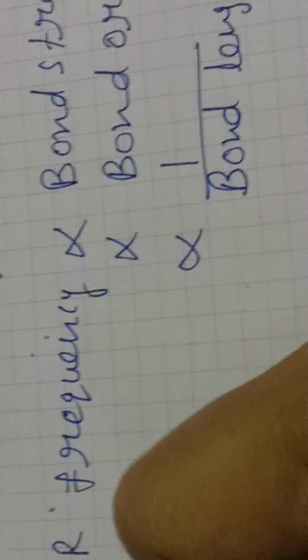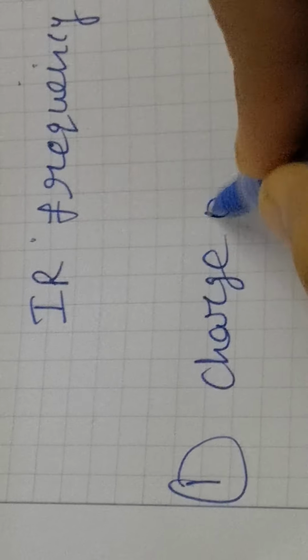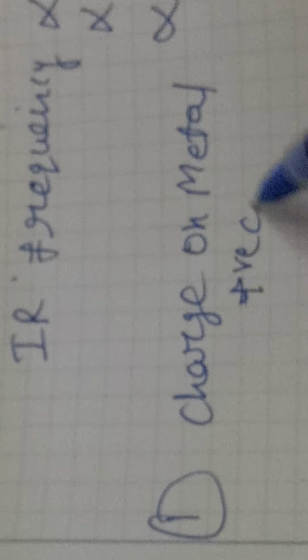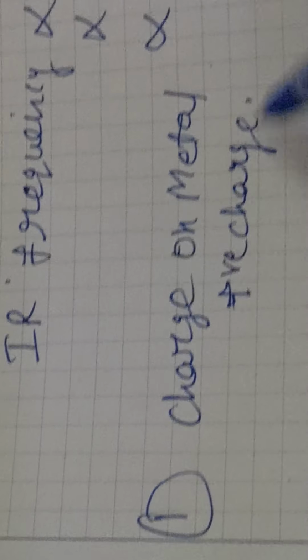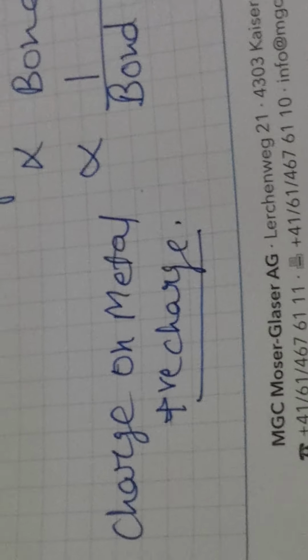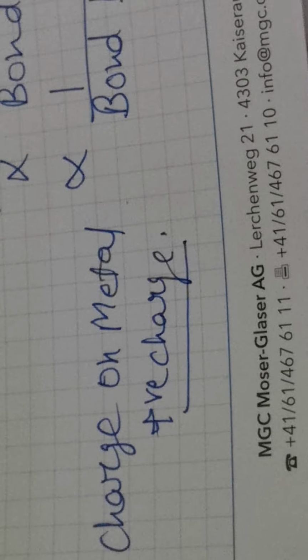First, the effect of the charge on the metal ion. If the metal has a positive charge, then the metal has low electron density.